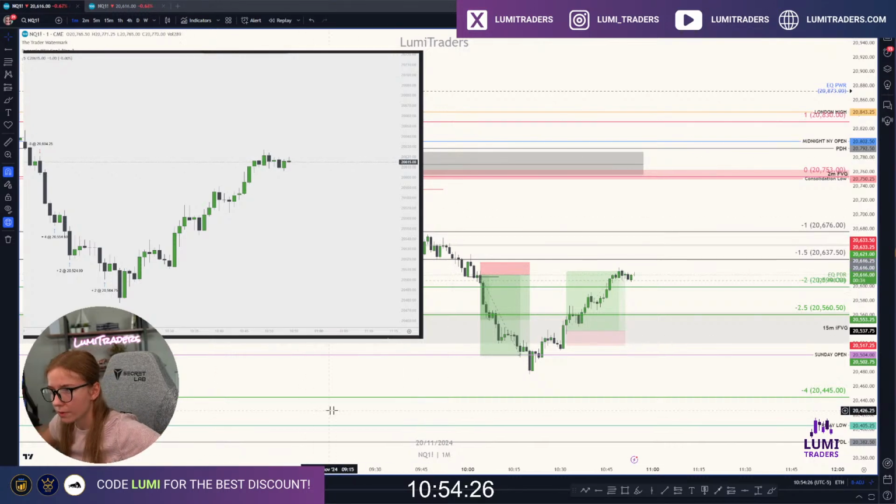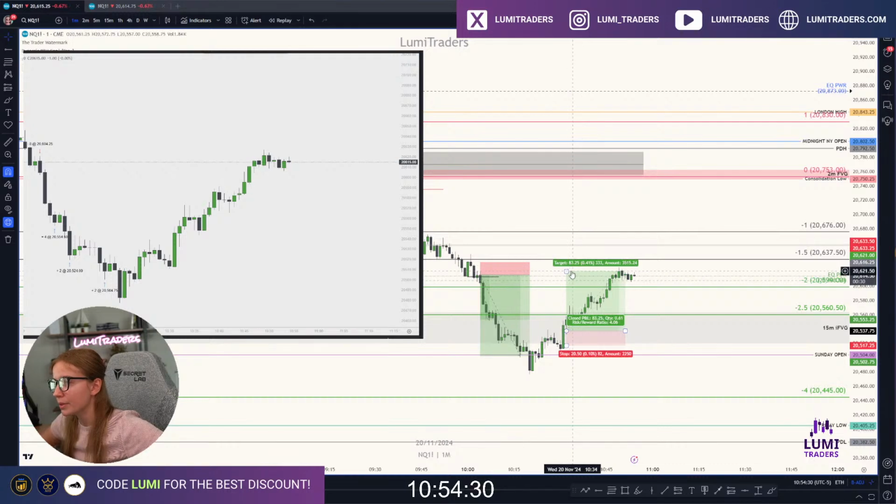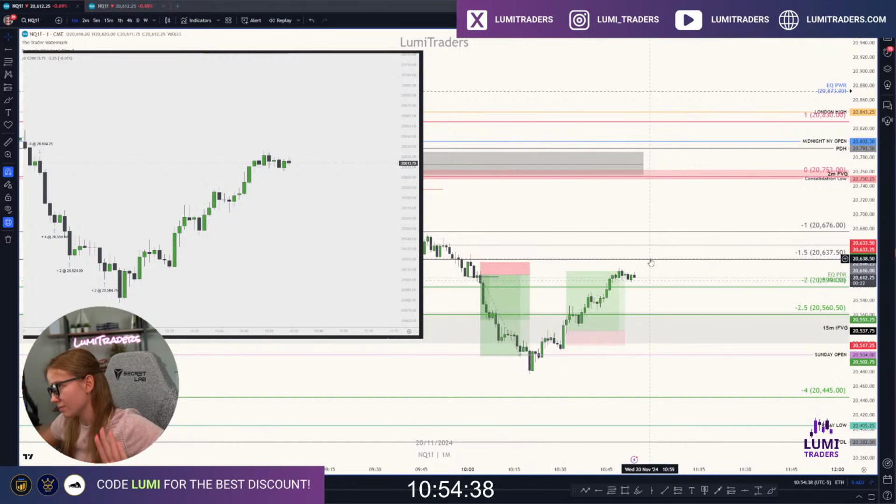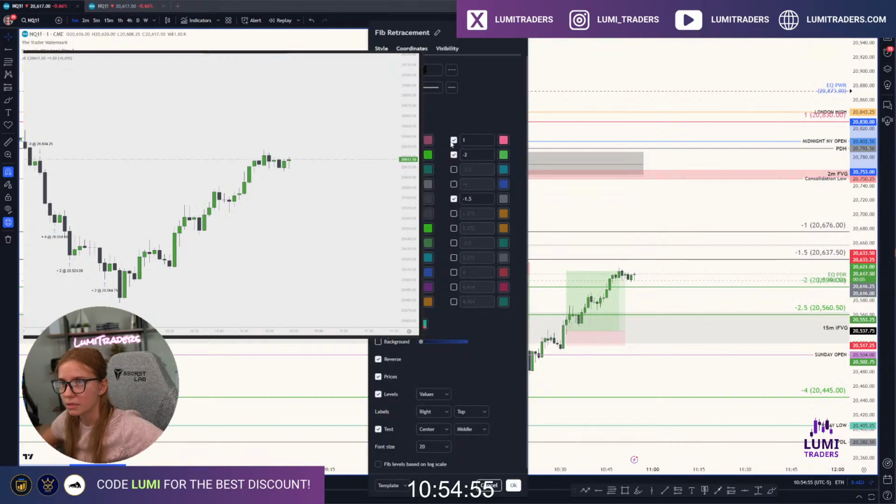I entered long at 560. Did you take partial where I recommended? Just say yes, and then you can leave your runner wherever you want. I recommend taking partial right here, right now, just to lock some profit. Then you can hold to any target you would like. Let's hide this and this.